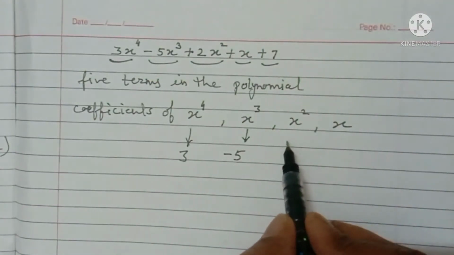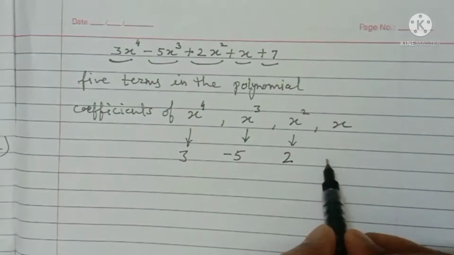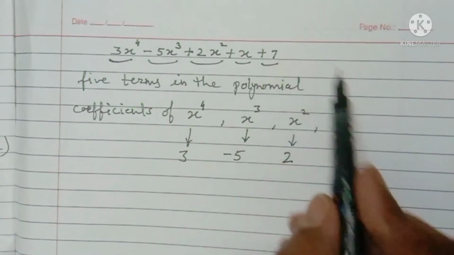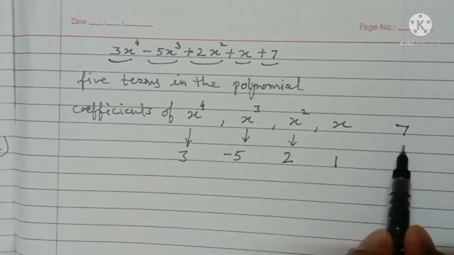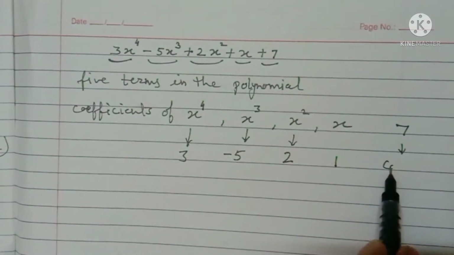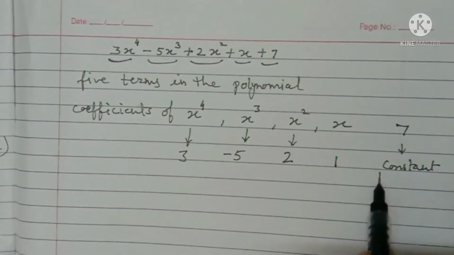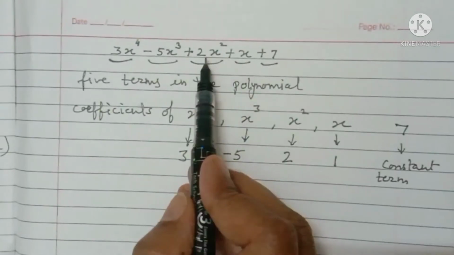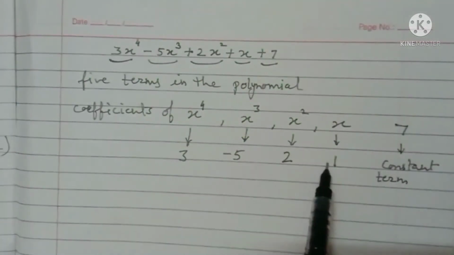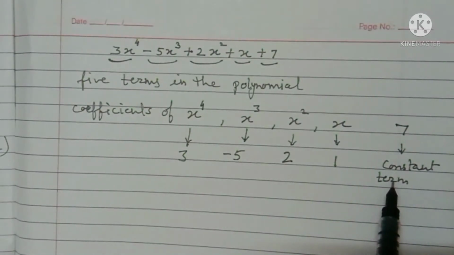For x square 2, and for x 1, and 7 is called the constant term. These are the coefficients, and this is called the constant term of the polynomial.